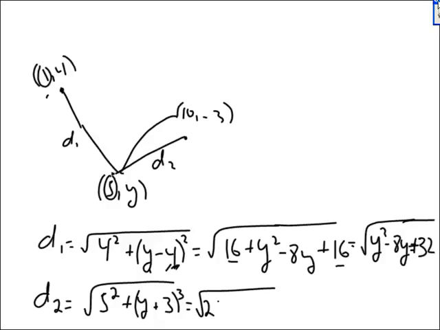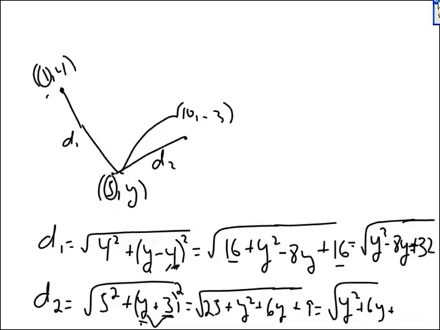Five squared is 25 plus (y plus 3) squared. Get y squared plus y times 3, which is 3y doubled, 6y, plus 3 squared, which is 9. So we get y squared plus 6y plus 25 plus 9 is 34.